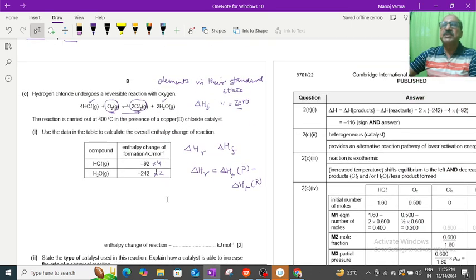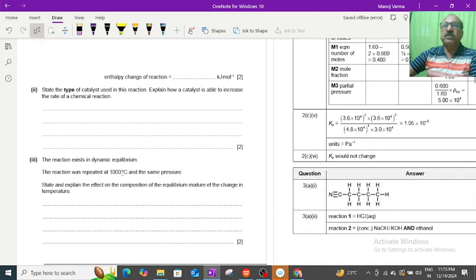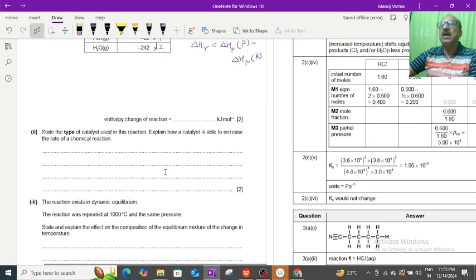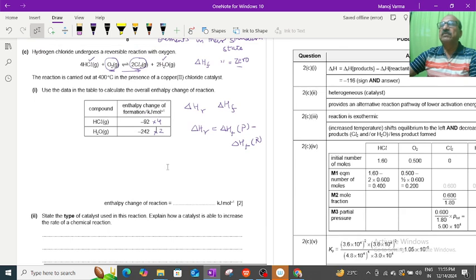What is the temperature at which it was performed previously? It was performed at 400 degrees, and now it is being performed at 1000 degrees. That means the temperature has been increased, right?